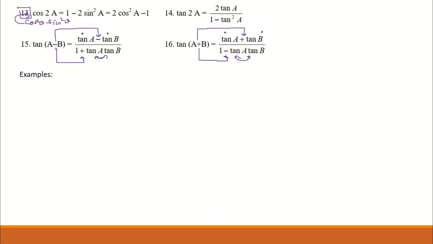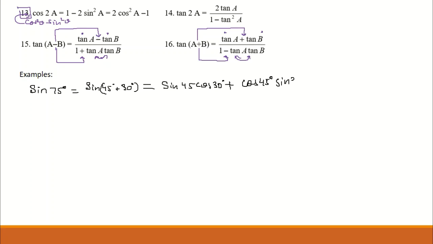Let's take some examples. If I want to find sin 75 degree, I can apply the formula of sin 45 degree plus 30 degree. In this I can apply sin A plus B. Sin A plus B is nothing but sin A cos B plus cos A sin B, and we will substitute the values.